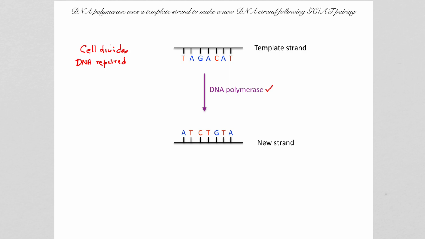This enzyme basically uses one of the two strands of DNA. Remember, DNA has two strands. So it uses one of the strands of the DNA called a template strand.